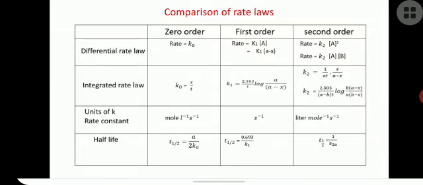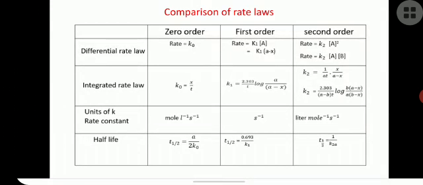For second order reaction, rate is equal to k2 into concentration of A squared, or rate is equal to k2 into concentration of A into concentration of B. Now the integrated rate law for zero order reaction is k0 is equal to x upon t.